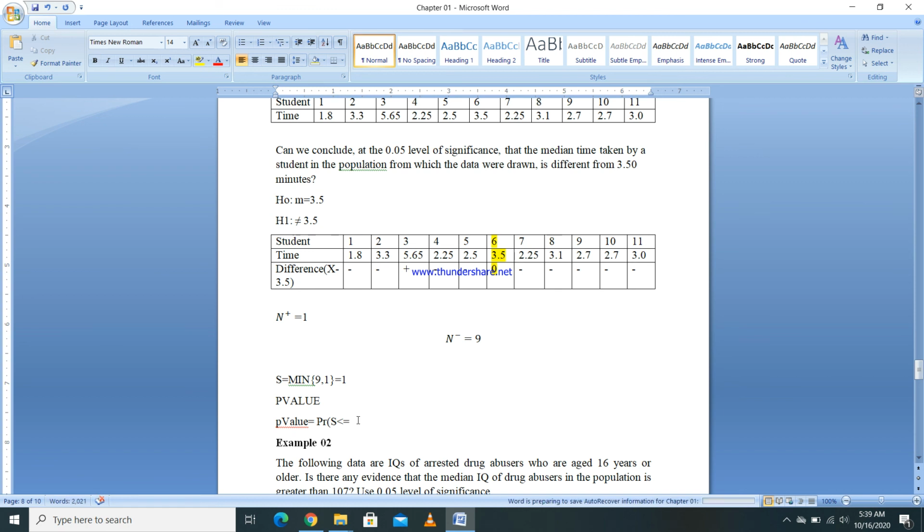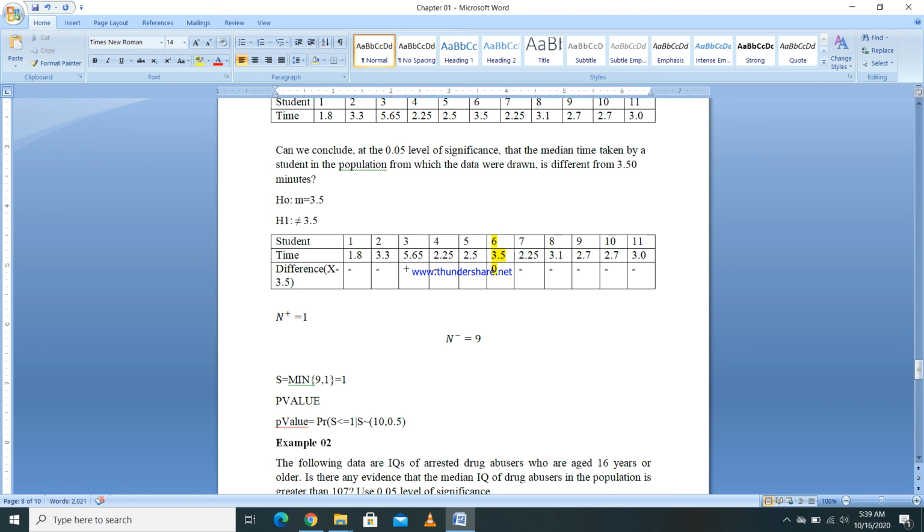When H naught is true, we know S has a binomial distribution, but now our sample size is equal to 10 because we omit one data point, and the probability is 0.5.